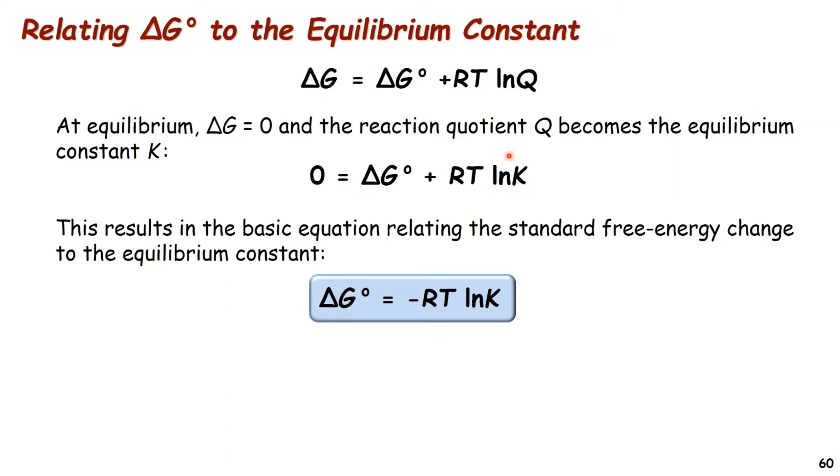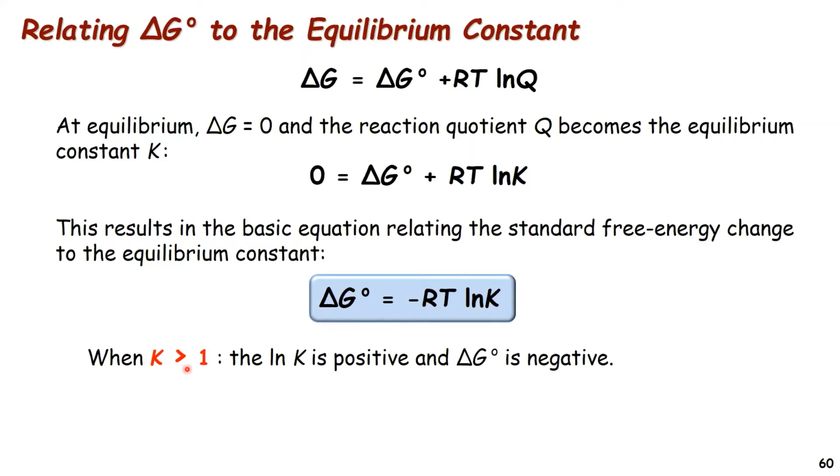So just rearranging it, subtracting this from both sides, I get that the standard free energy change is equal to negative RT ln K. And again, this R is 8.3145 joules per Kelvin per mole. So now I have a relationship between the free energy change and the equilibrium constant.